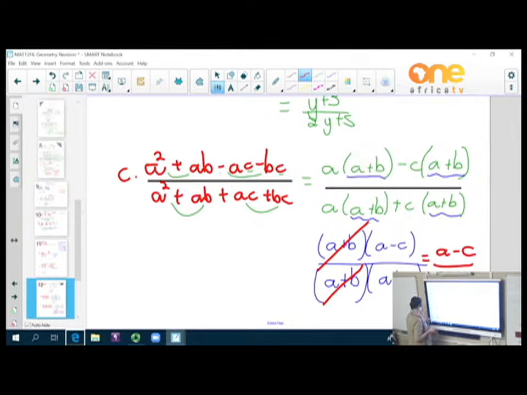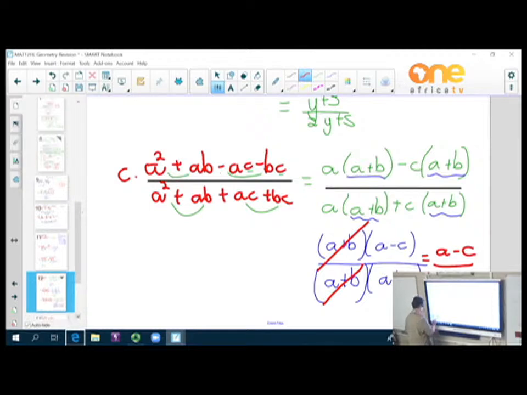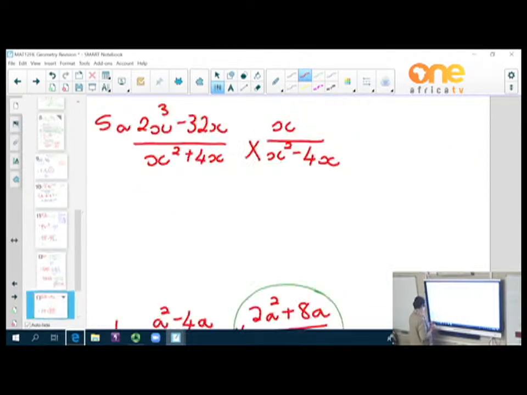Right, the next one. The next one then, question 5. Again, factorization. We cannot cancel if we don't factorize here.